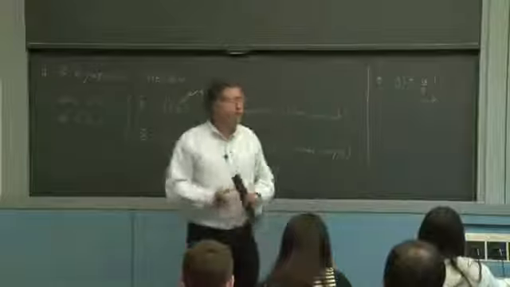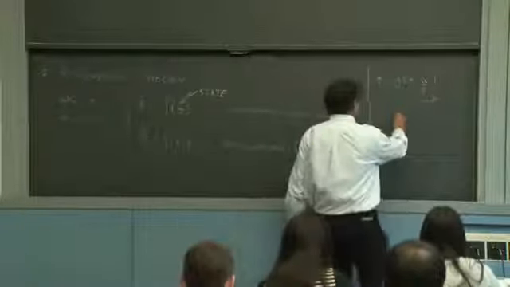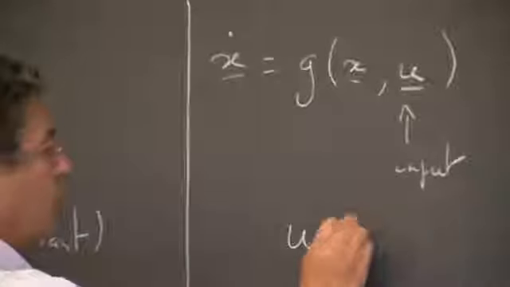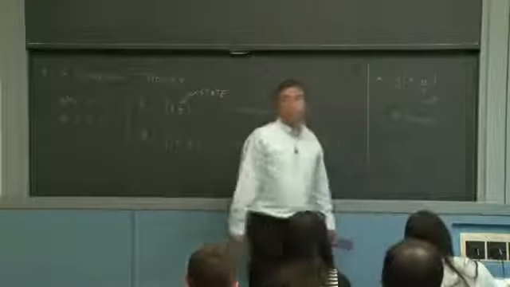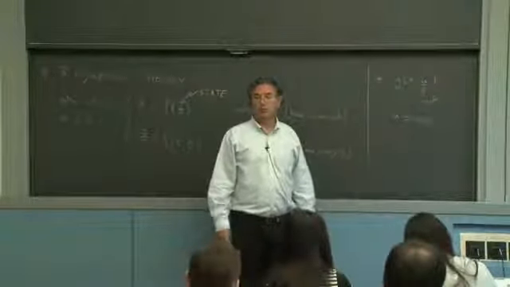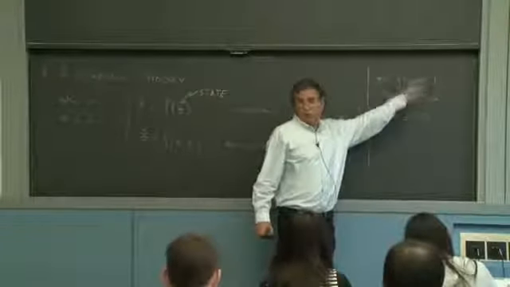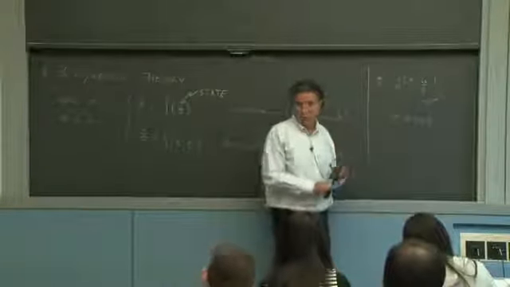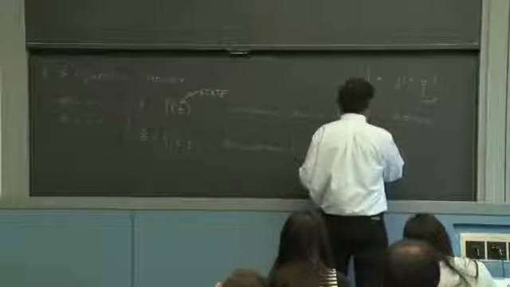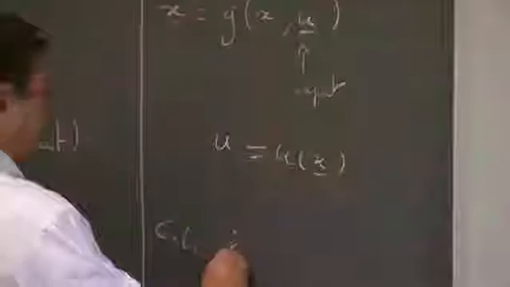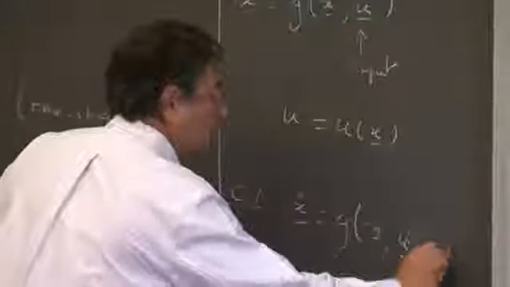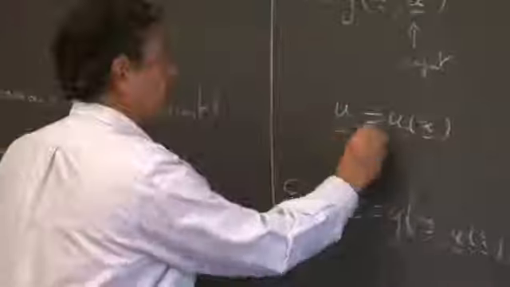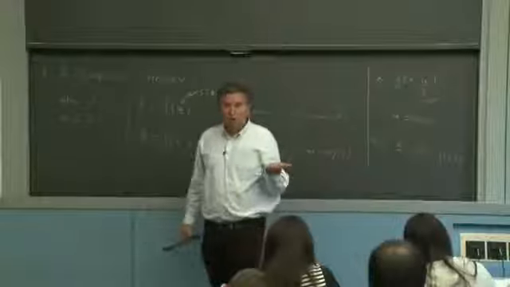Now suppose you design a control law which is just u equal u of x. So you take the system g of x and u, and you design u equal u of x. So now it gives you in closed loop x dot equal g of x, u of x. And therefore the closed loop is autonomous.